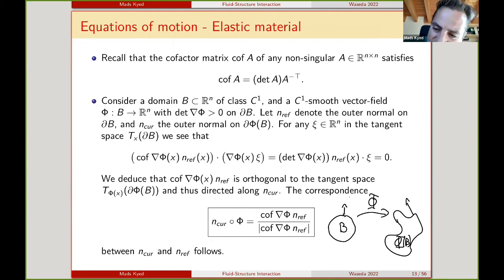The current configuration is the deformed configuration. So obviously our normal vector in the deformed configuration, in the current configuration, we denote by n_cur, and the normal in the reference configuration by n_ref, obviously. Like this. Okay, it's a bit hard to write on the screen.